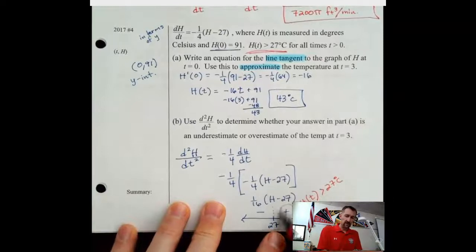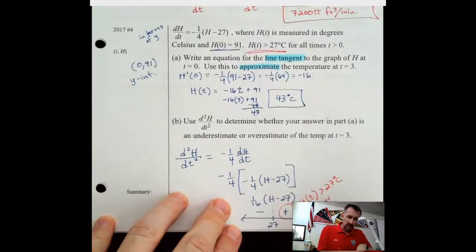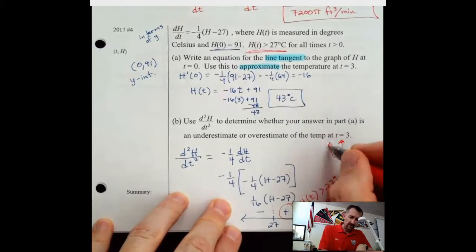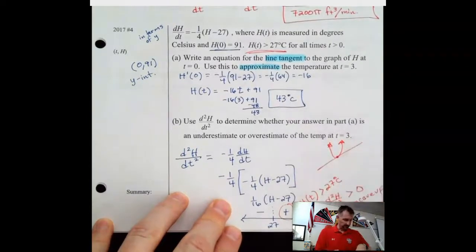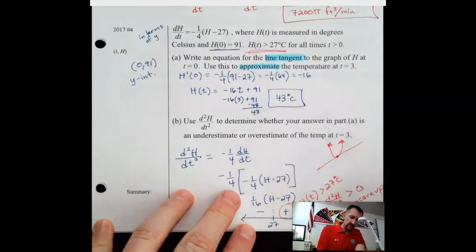So that means we're over here. So that means the second derivative is greater than 0. So h of t is concave up. So if it's concave up and we have a tangent line, that's going to be an underestimate. So we have an underestimate.